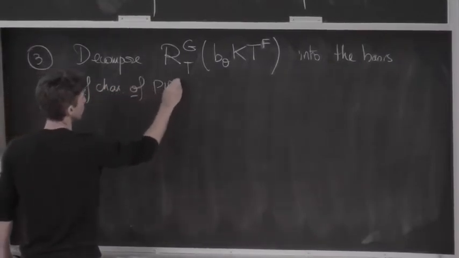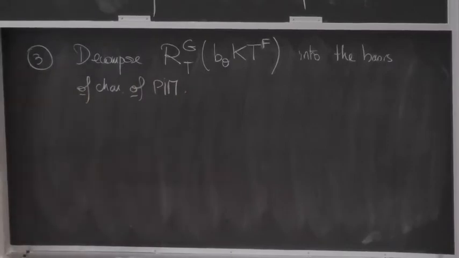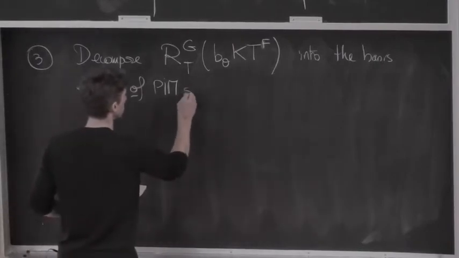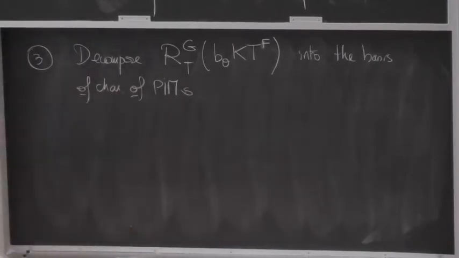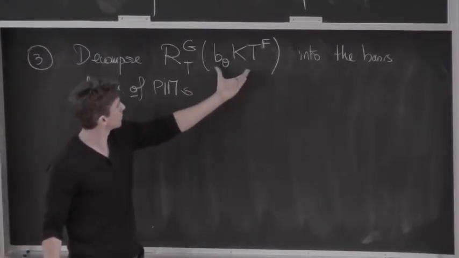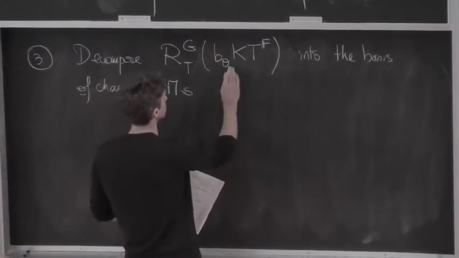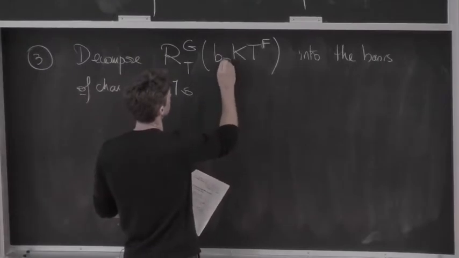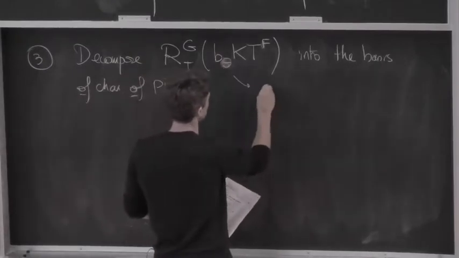You know that it's a virtual projective character, so it's a linear combination with positive or negative coefficients of characters of projective indecomposable modules. And again, because I'm working with the basic set here, it's not really a B theta, it's a B1. So theta is 1 here.